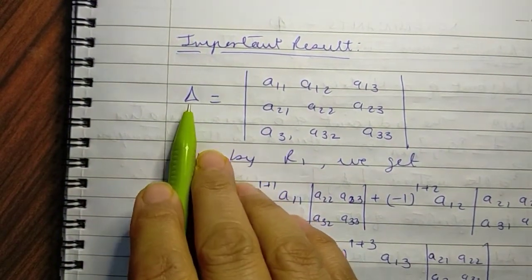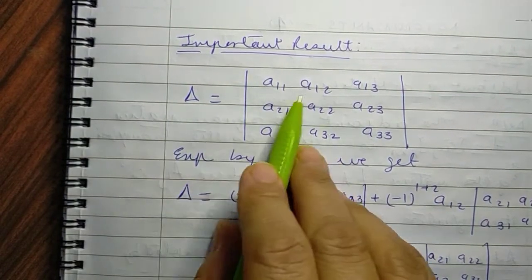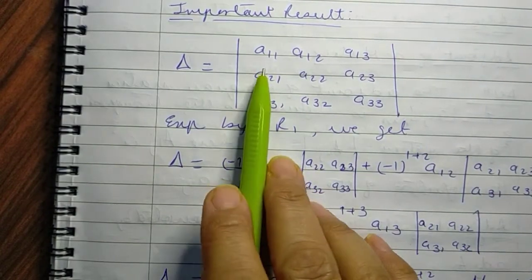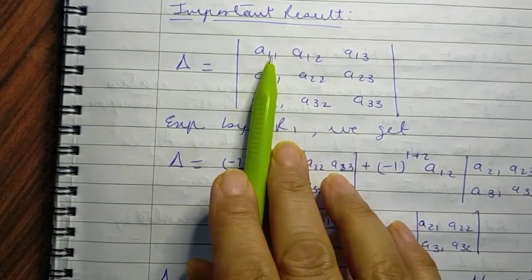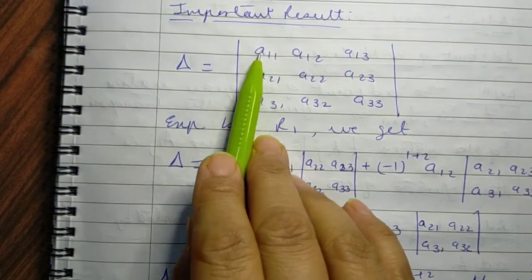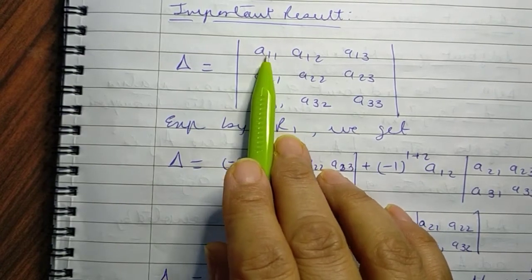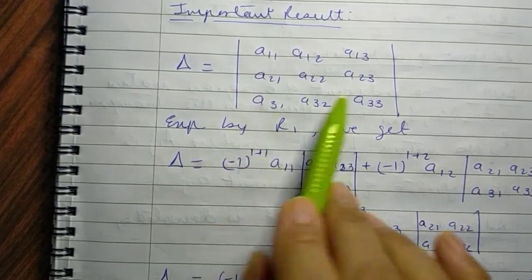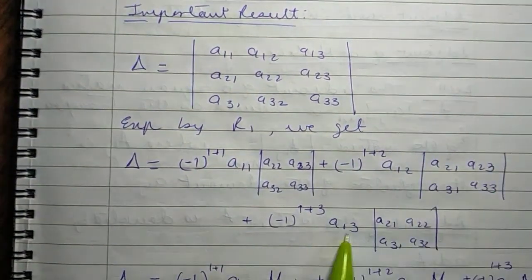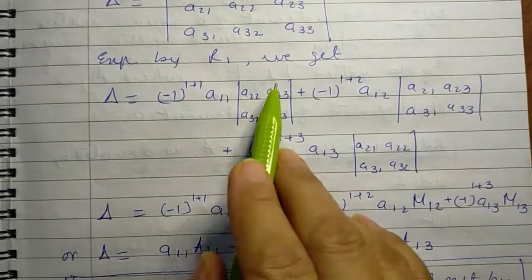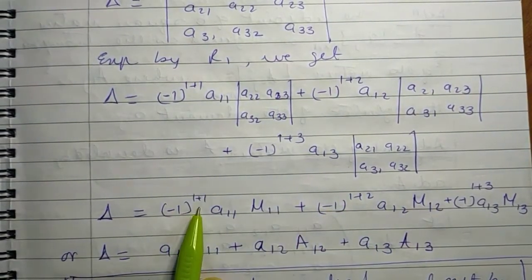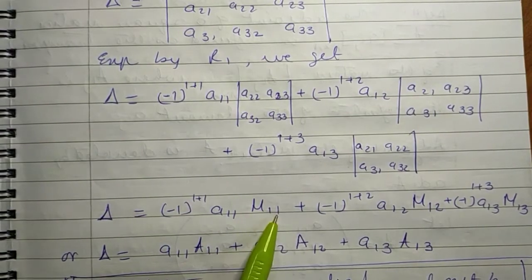Now let us see an important result. Here we take a 3 by 3 determinant, so clearly the elements are of this kind. If we expand it by row 1, it will be minus 1 raised to the power 1 plus 1 into this element into the determinant obtained by deleting the row and the column, that is this. Similarly, plus the same thing for the second element and plus the same thing for the third element. If we notice, this is nothing but the minor of this element, so it can be written as minus 1 raised to power 1 plus 1 A11 M11.